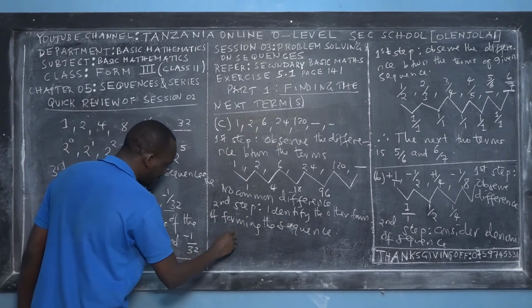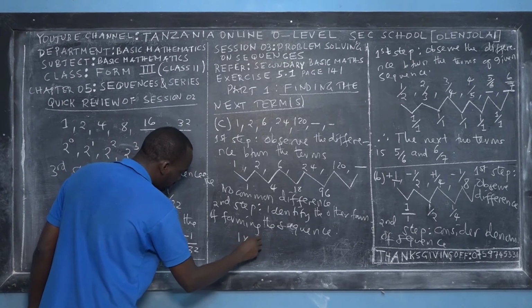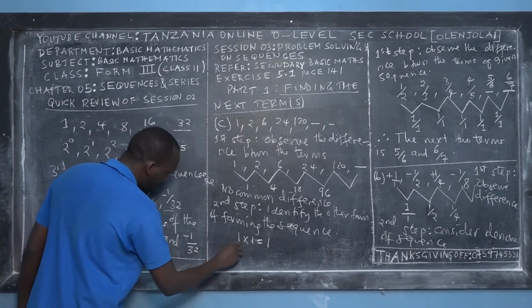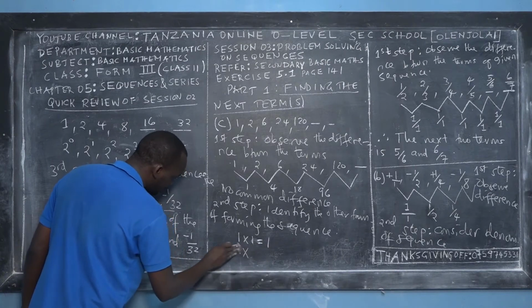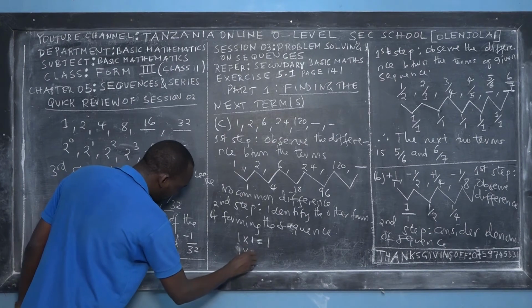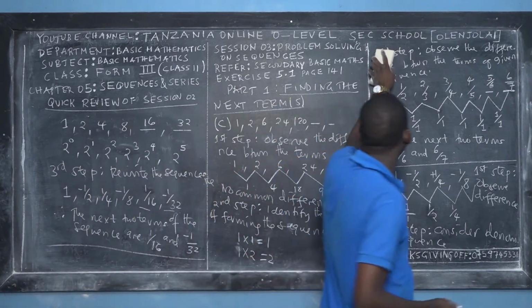For example, if we have 1 times 1, we get 1. And then if we take the answer of the first product, which is 1, and multiply by 2, we get 2. And hence we continue.